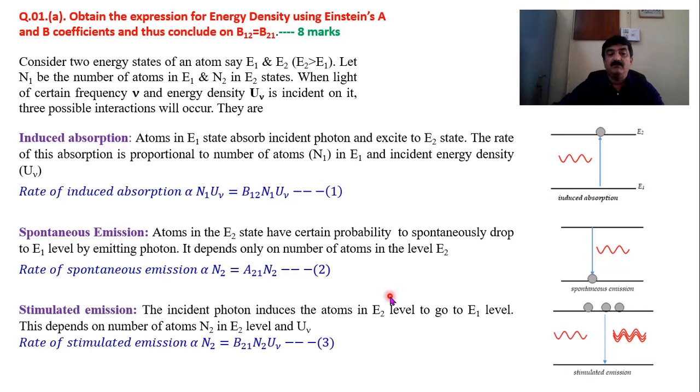Now comes the third one. The third one is stimulated emission. This is the third possibility. This is a speciality of Einstein's theory. Actually, we should be grateful to Einstein for this particular concept.